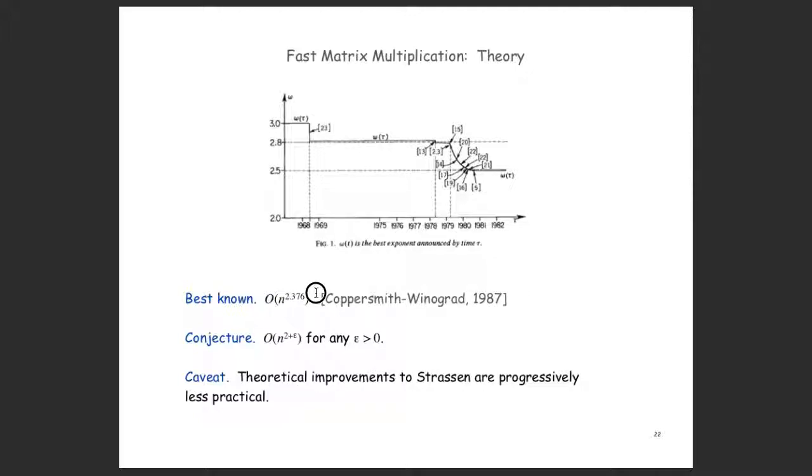The best algorithm actually has n to the 2.37. What does best mean? The best known, the lowest power of n.